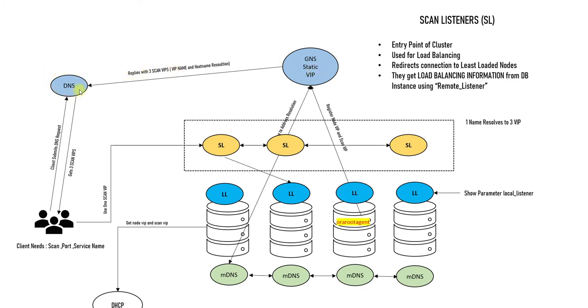DNS has the cluster name information, and it already has a forwarder rule which forwards all the traffic directly to GNS. We are talking about the GNS VIP, and we have already discussed that the GNS VIP resource runs on one node. It gets all that information and listens on port 53 for the DNS requests. So that's how everything gets resolved.